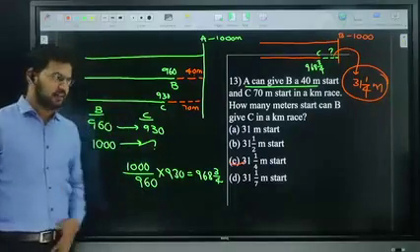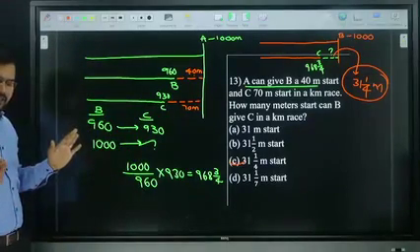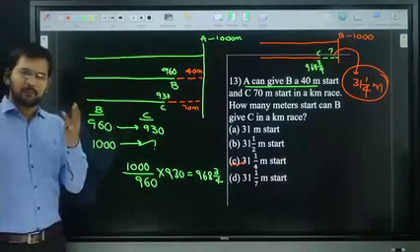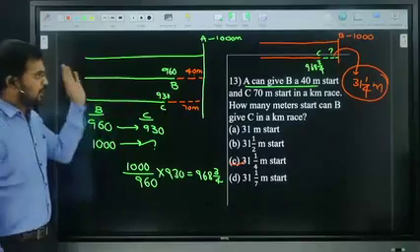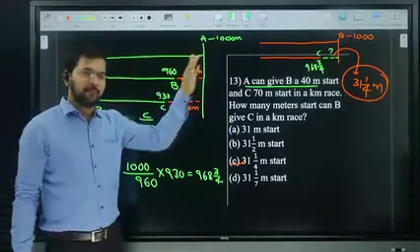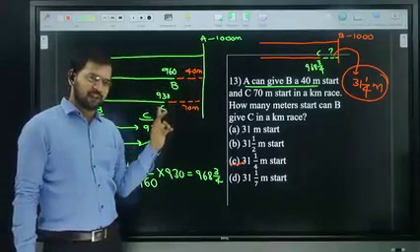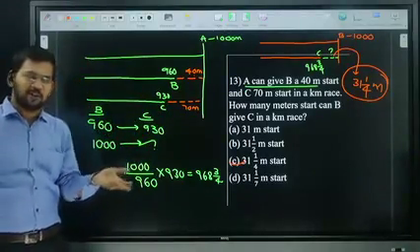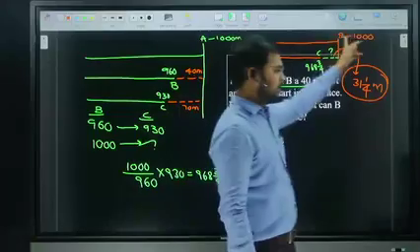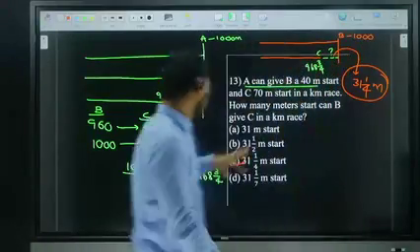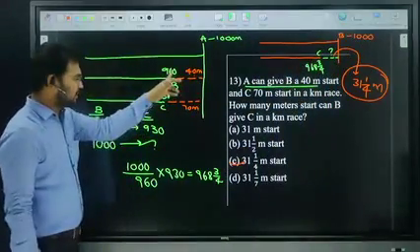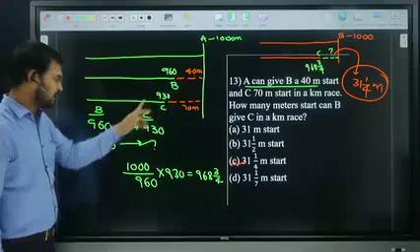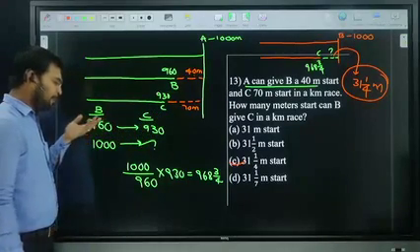All of you clear? So here one thing is very clear. In a race, 3 members participate. Whenever A wins, B reaches up to 960, C reaches up to 930. They're asking, the second winner is always B. Whenever B reaches the destination, where does C reach?